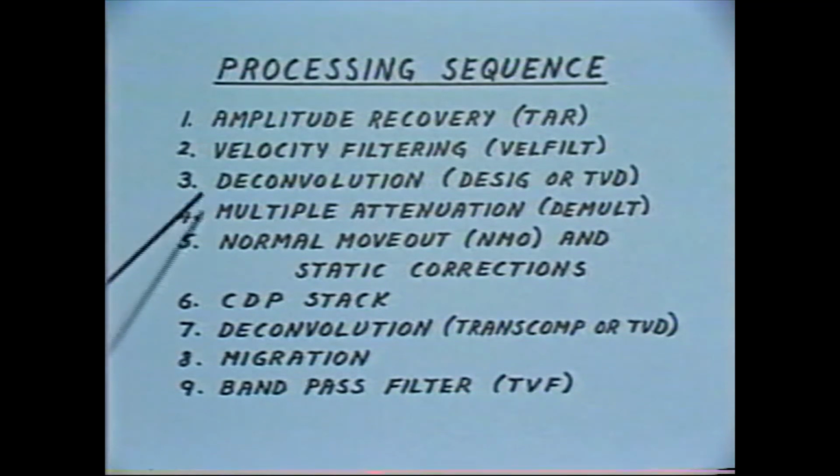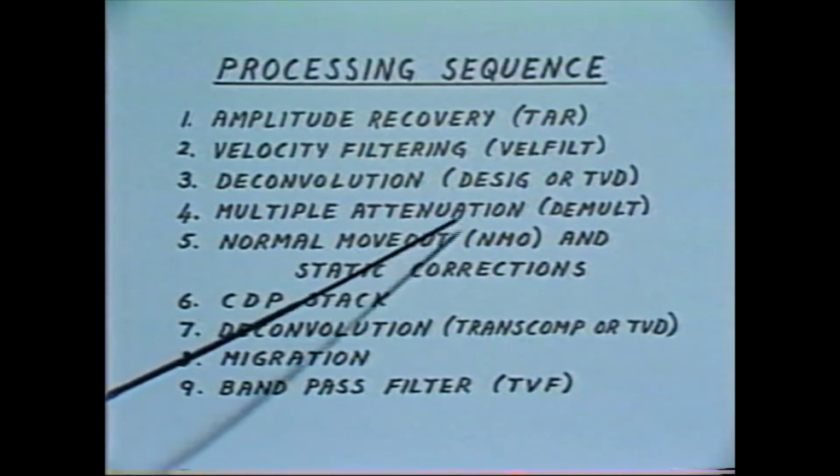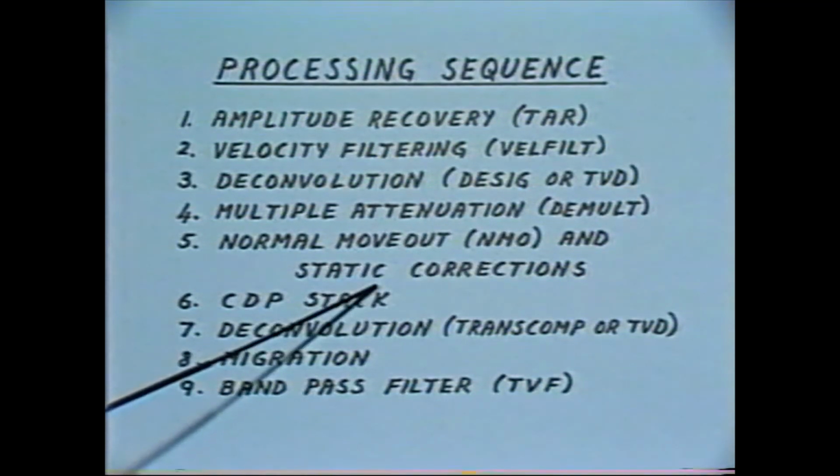The traces then at this stage would normally be regathered into common depth point traces because the following processes operate on sets of common depth point traces. Multiple attenuation, that is the demult process, would be used at this stage if the multiples were strong enough to need it. Then that would be followed by normal move-out correction of the primary events, of course, and static corrections if this were land data.